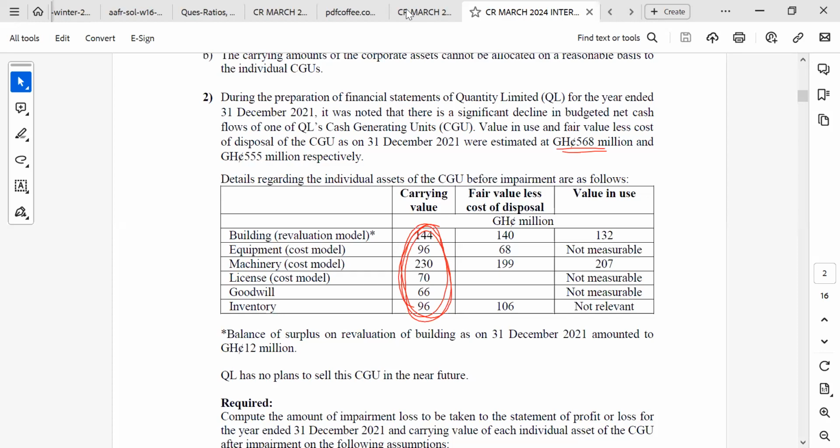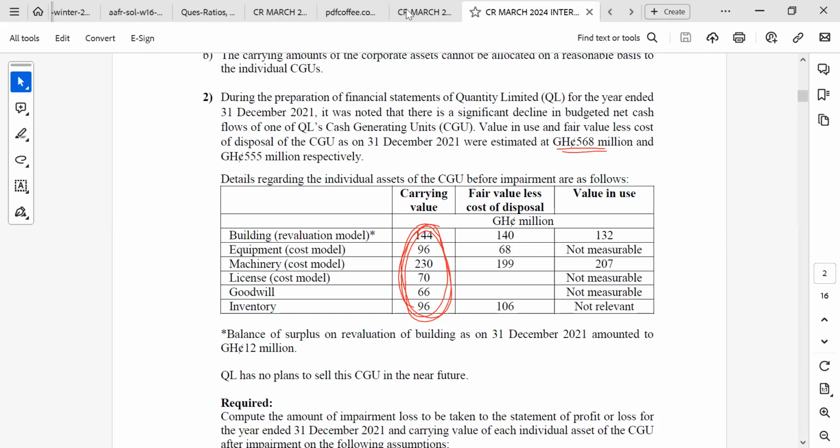What are we having? 144 plus 96 plus 230 plus 70 plus 66 plus 96. Minus 568.